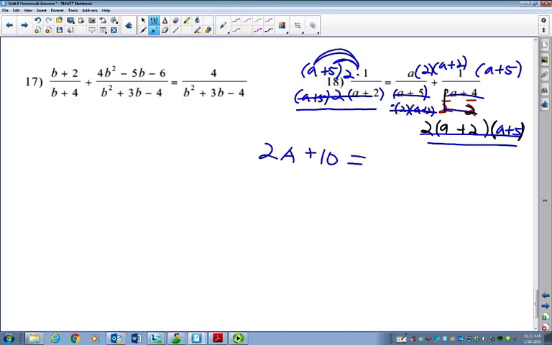And then equals, and then we have a 2a is what those two are together. So 2a times a is 2a squared, and 2a times 2 is 4a. And then plus 1 times a is just a, 1 times 5 is just 5. So plus a and plus 5.